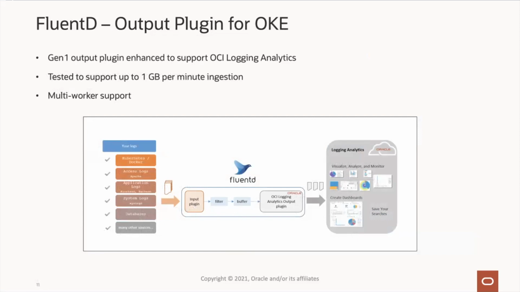So in this diagram, you can see all the Kubernetes logs, for example, the Docker logs, access logs, application logs, are given to this FluentD plugin, which in turn sends the data to OCI Logging Analytics as an output plugin, and thus we can visualize all the data ingested in Logging Analytics.